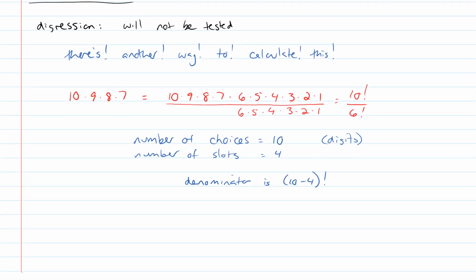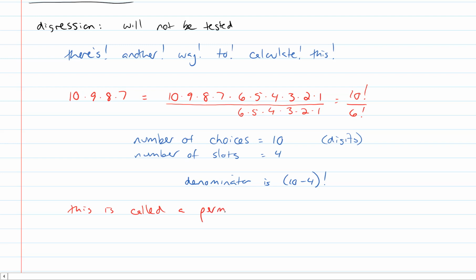And I know that some of you may have done a little bit of statistics before. This is called a permutation. It's an ordered arrangement of choices taken without repetition. So you're not allowed to repeat something from a finite number of possibilities.